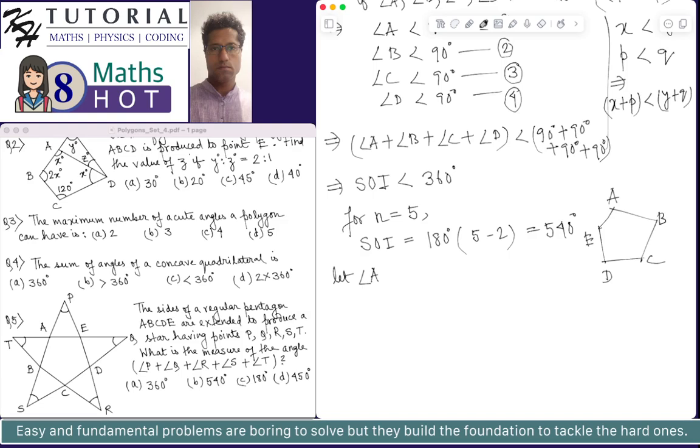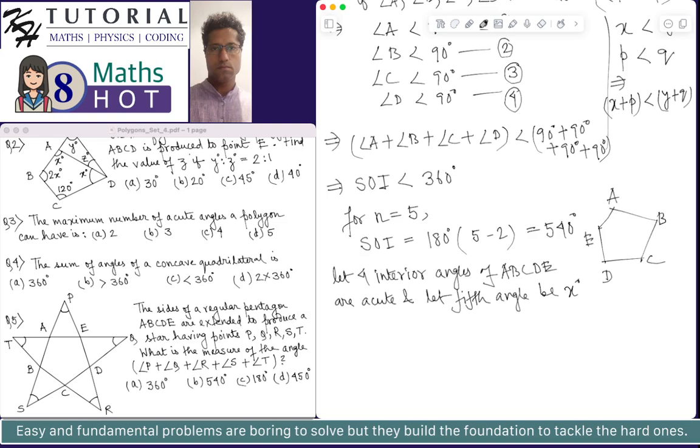So instead of taking particular angles, let 4 interior angles of the polygon ABCDE be acute, and let the fifth angle be x degree.